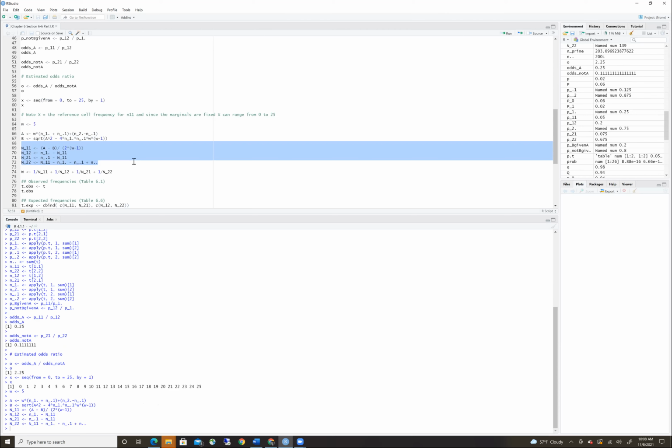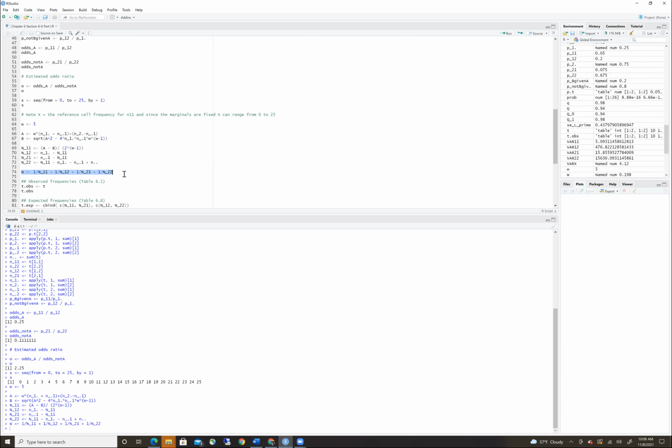And then we can calculate capital W, which is 1 over N11 plus 1 over N12 plus 1 over N22 plus 1 over N21, which was the last one that I don't believe I've said yet. All right, so we have all of those values.